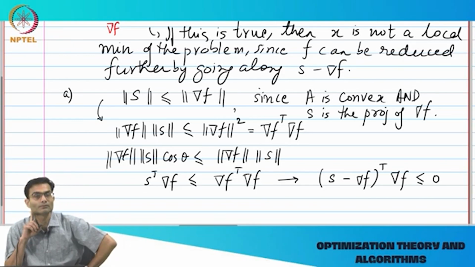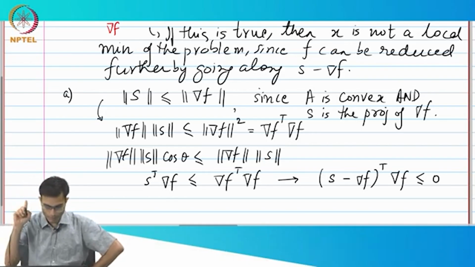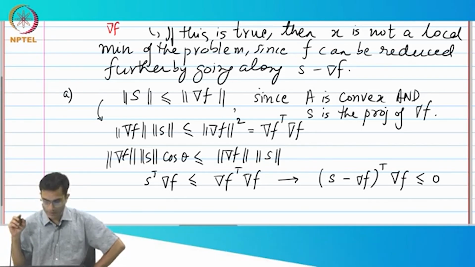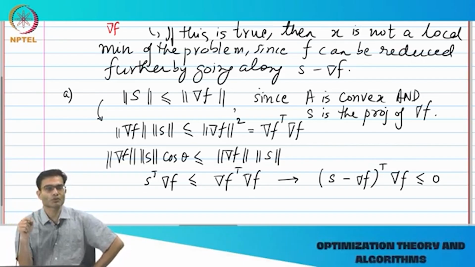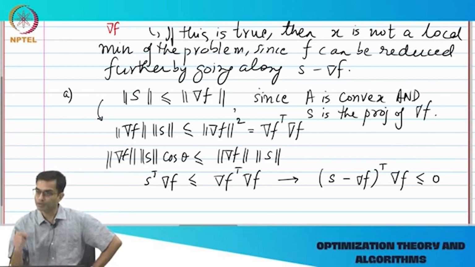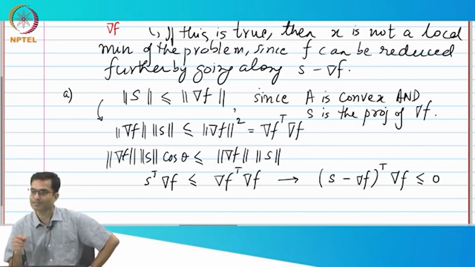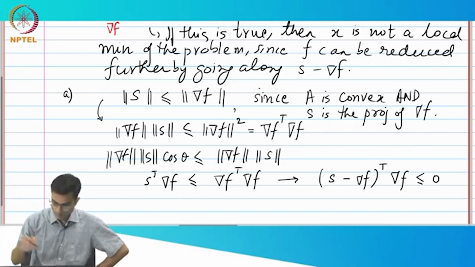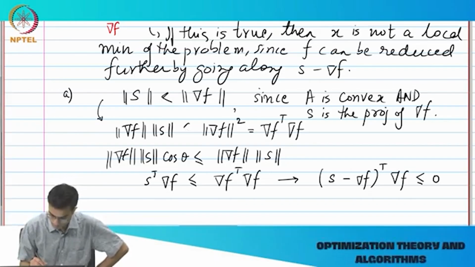What does that imply? Actually, I want to make one tiny correction. My starting point was assuming that grad f is strictly not in the cone. So this inequality, should it be this way or should it be strict? Should be strict, right? So we'll just make one small correction over here.